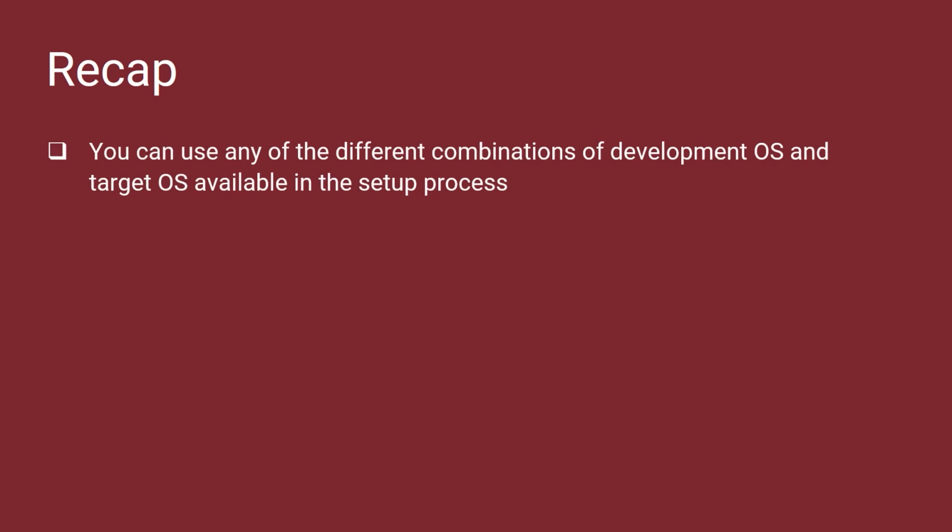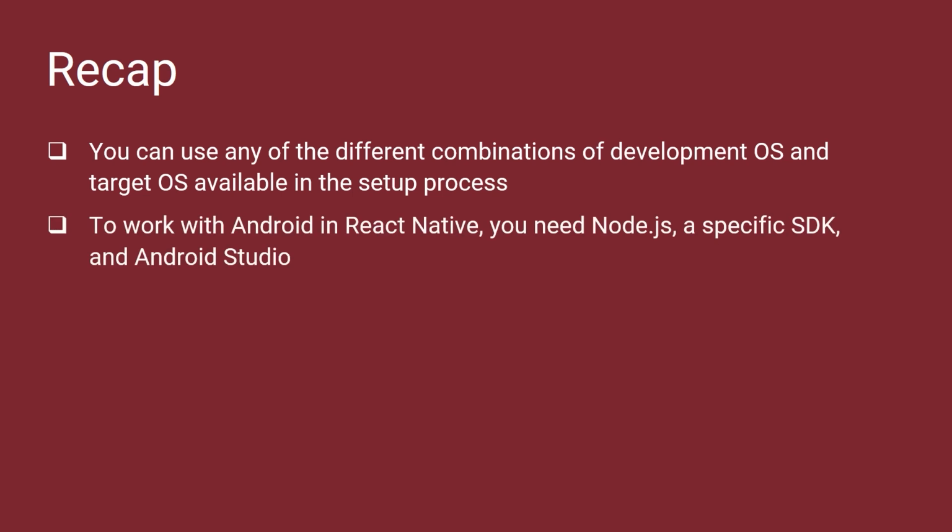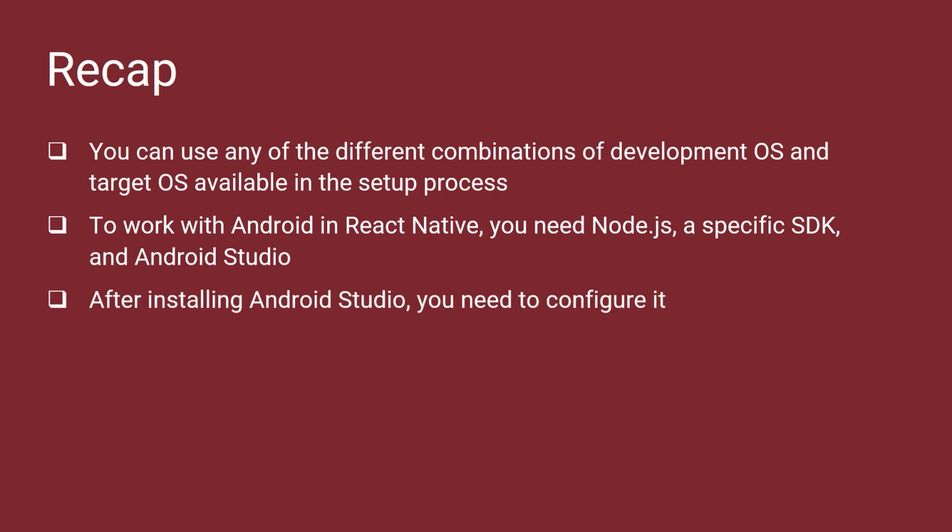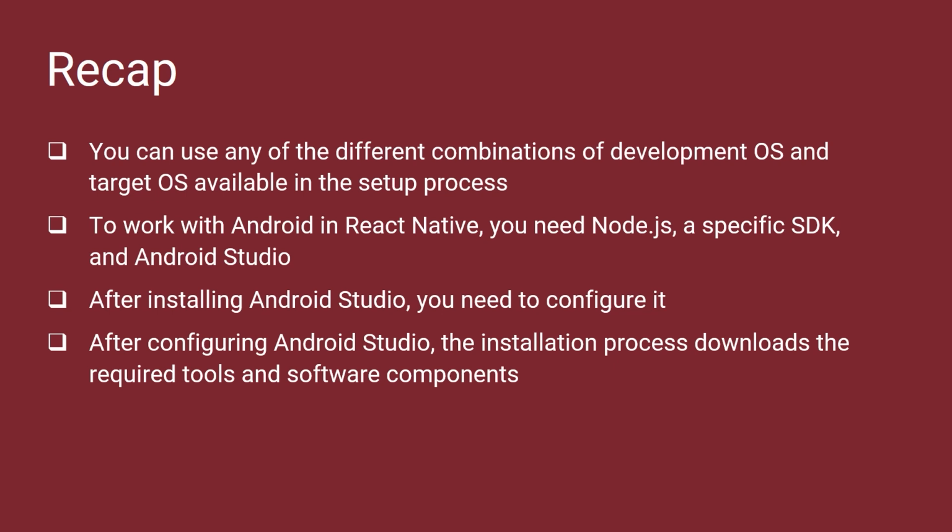In this video, you learned that you can use any of the different combinations of development OS and target OS available in the setup process. To work with Android and React Native, you need Node.js, a specific SDK, and Android Studio. After installing Android Studio, you need to configure it. After configuring Android Studio, the installation process downloads the required tools and software components.